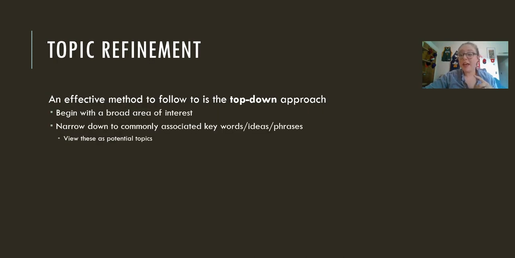All right, following with our top-down approach, after we've started with a broad area of interest, we then want to narrow down to commonly associated keywords, ideas, or phrases. And we can even view these as potential topics.